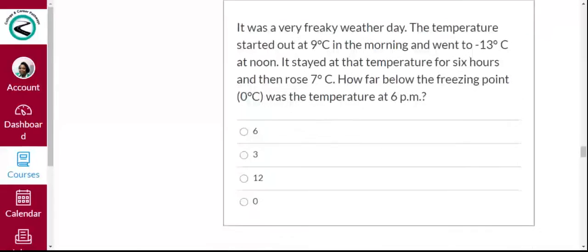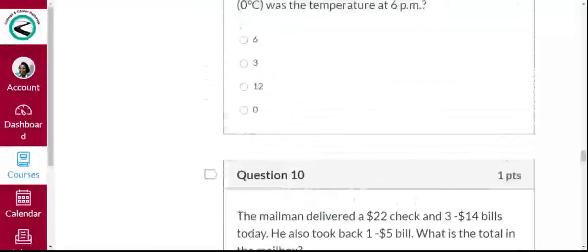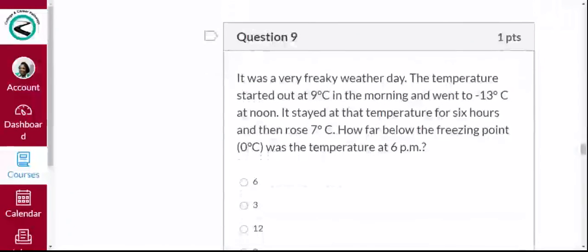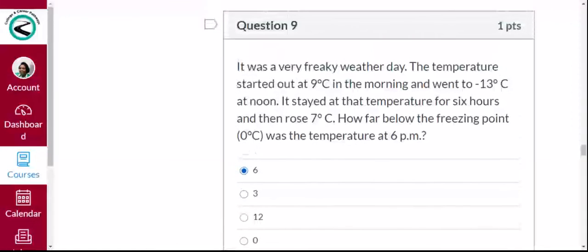Okay, let's do this temperature one. This will be the last one that I do. I think we already did a money one. So on this temperature one, I don't know if that answer's right, I'll have to change it. It was a very freaky weather day.